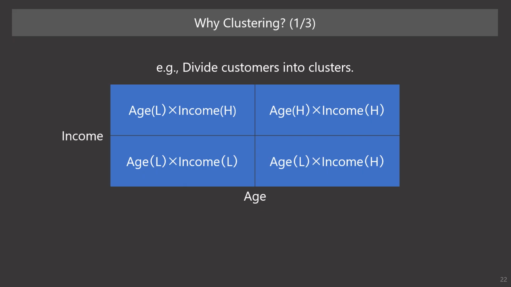Then, we can divide the observations into four groups by two criteria. But here, a problem exists. How to set the criteria? Where should we split age into high or low? And where should we split income, high or low? A possible solution is to split data by the median. So let's divide the data by the medians.